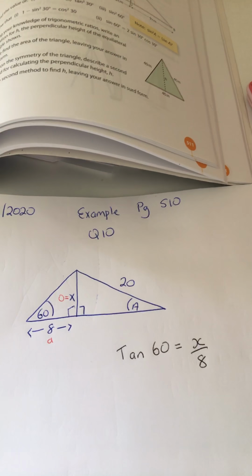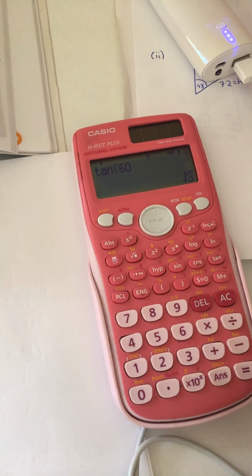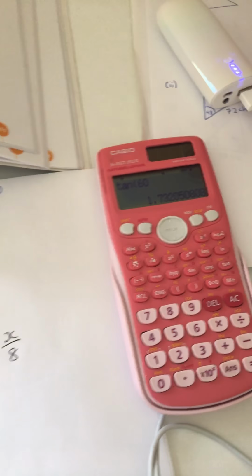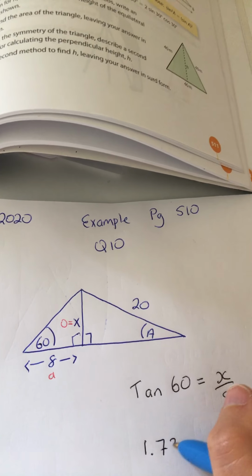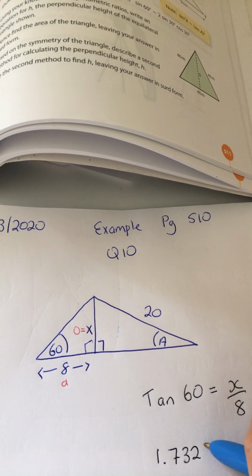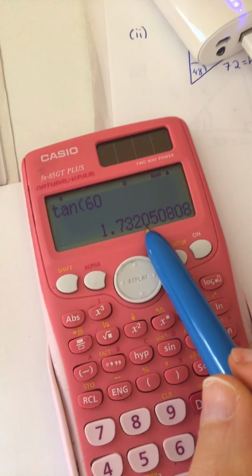Then into the calculators, tan 60 equals square root of 3, press S to D, get it to 4 decimal places, 1.7321. It's 1 because that 5 brings that 0 up.